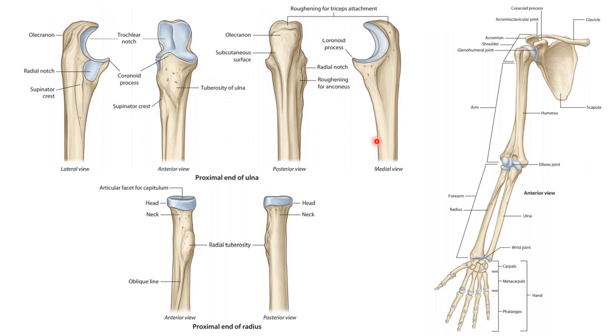So we need to study the bony features of the proximal regions of the bones of the forearm. We have two bones in the forearm. The medial one is called the ulna, while the lateral one is called the radius.